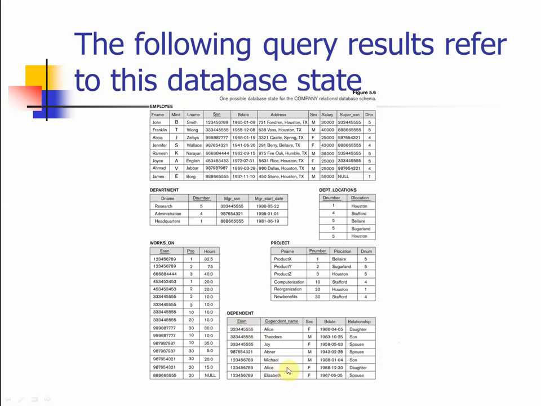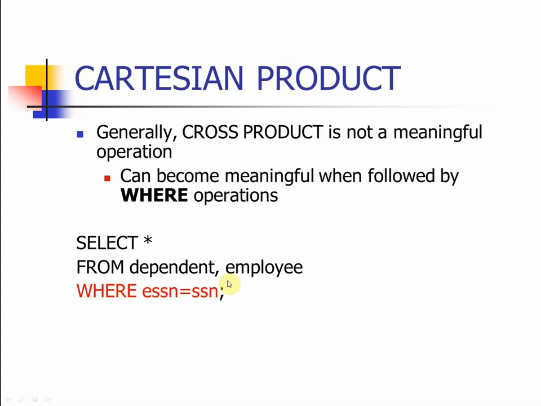So this process will keep going, and we only want to keep the ESSN of dependent equals to SSN of the employee. So that is how we will be able to make it useful. And therefore, you can see that while we do select star from dependent and employee, if we have a semicolon over here, we'll end up with a big table, and much of that information is not useful. So what we want to add is saying that where ESSN equals to SSN.